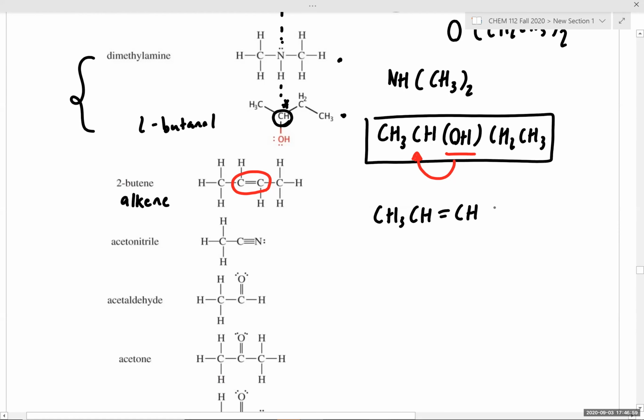Alternatively, you can explicitly showcase the triple bond as so. Both methods are common. In general, for functional groups, you'll be more likely to see this further condensed structure, only because this CN is a defined functional group that we know the formula for.